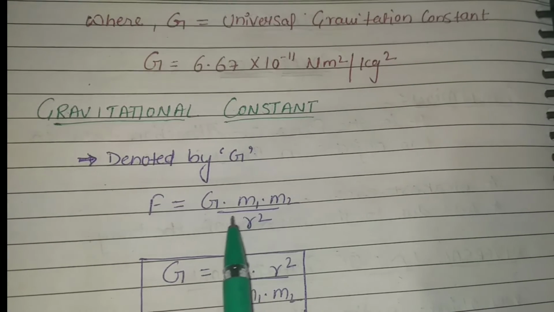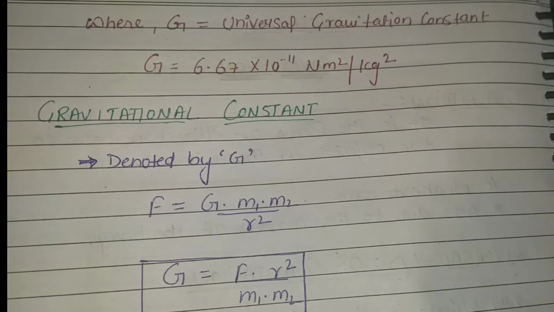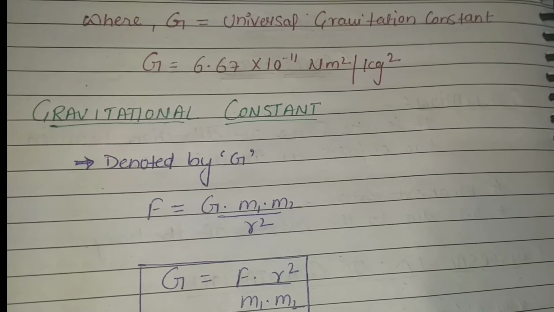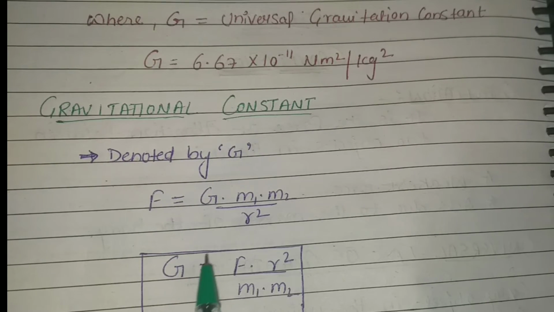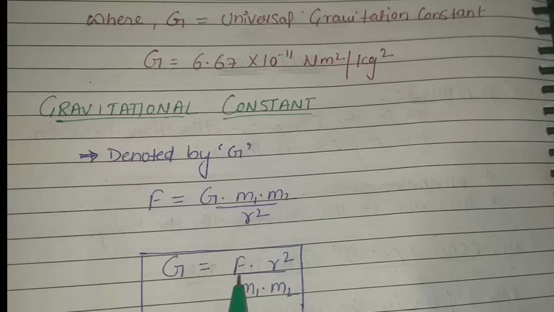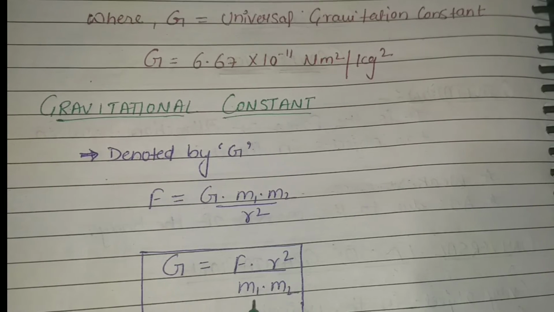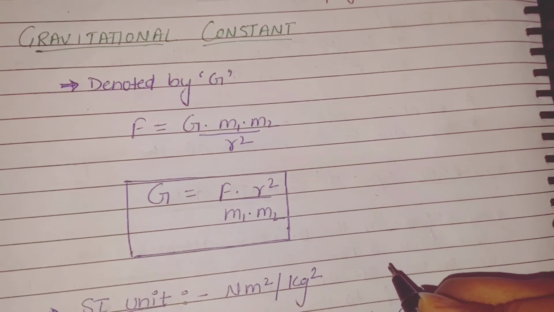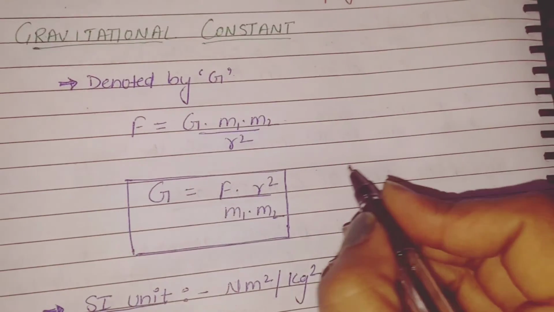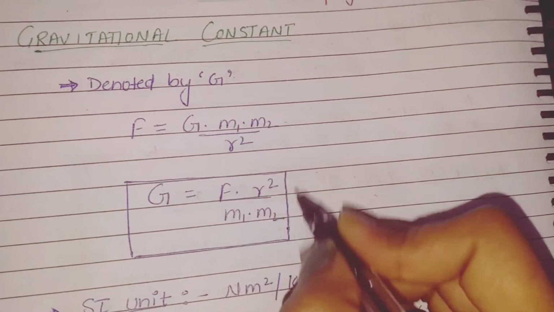Capital G is the gravitational constant and it is denoted by capital G. You get the formula of capital G from this equation, which is force into r square divided by the product of the masses of the objects. You can calculate the SI unit of this gravitational constant by using the SI units of these.